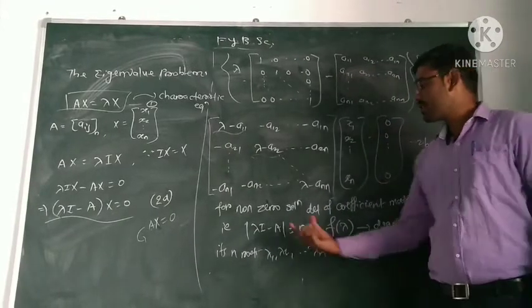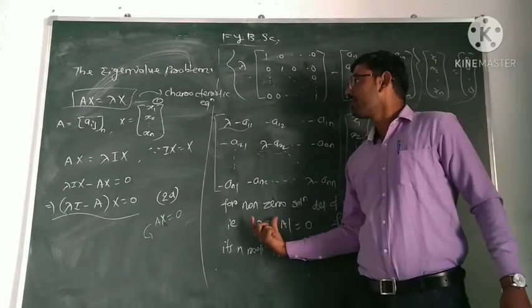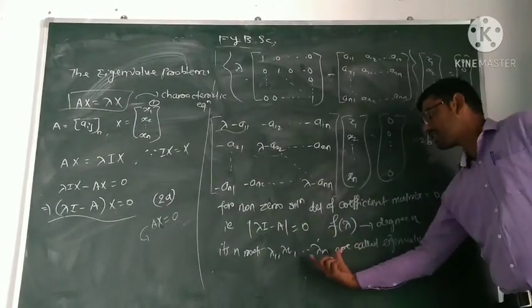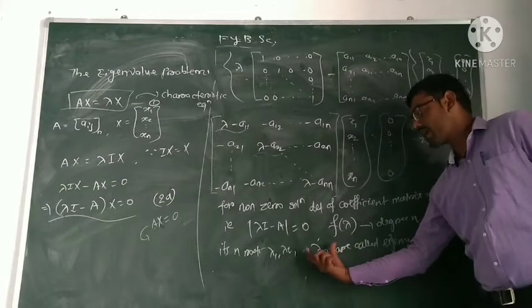This is called the characteristic polynomial. This is called the characteristic equation. These are called characteristic roots or eigenvalues.